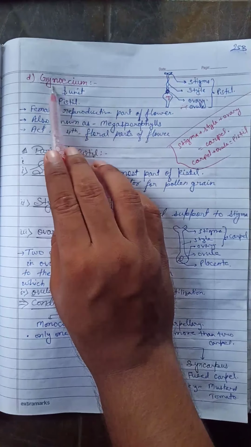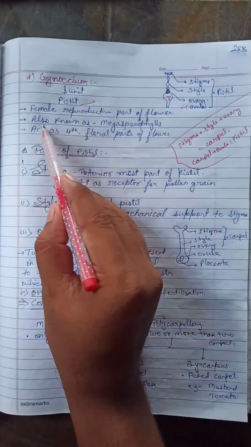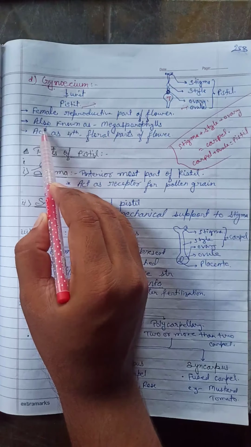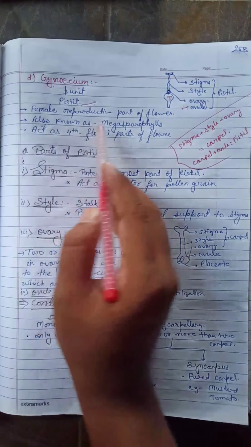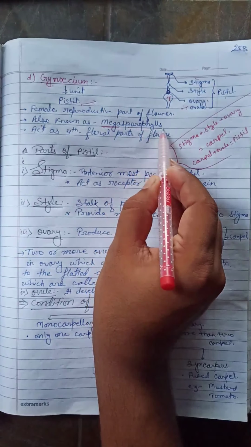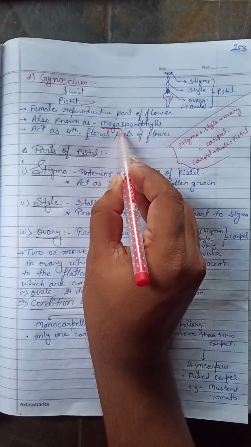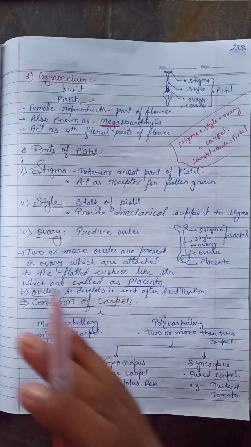The unit of the gynoecium is the pistil, and it is the most important for the flowering plant because it is the female reproductive part, and the female reproductive part is always a complex part for any kind of organism. It is known as megasporophylls. Mega means it is the biggest representation for female parts.